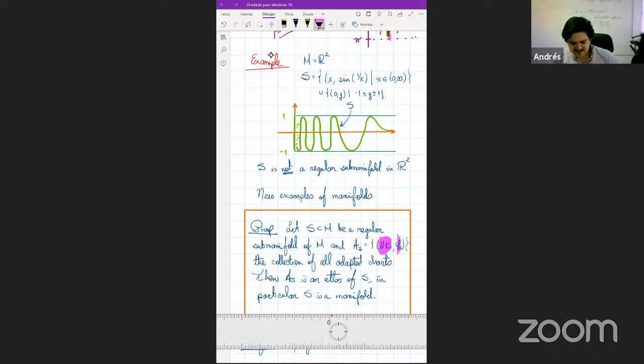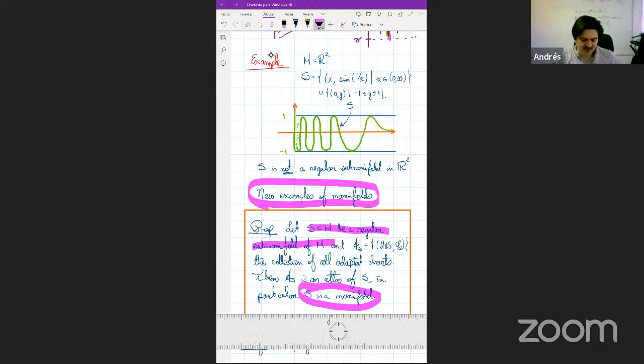This is the notation of the chart in M restricted to U intersection S. Then the claim is that that collection is in fact an atlas. And now then S is a manifold. Right? So we conclude that S is a manifold every time that S is a regular submanifold. So that's why we are going to have new and new examples of submanifolds.